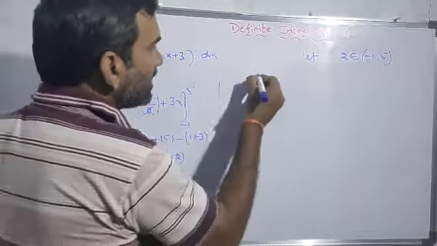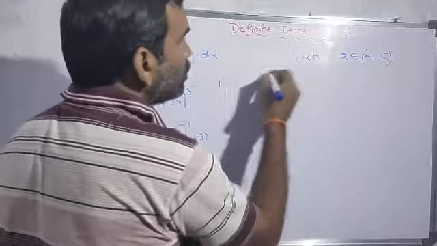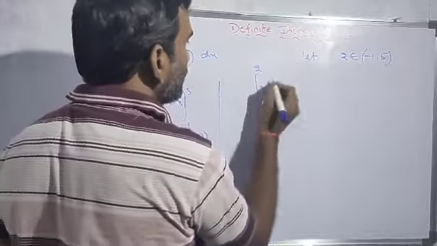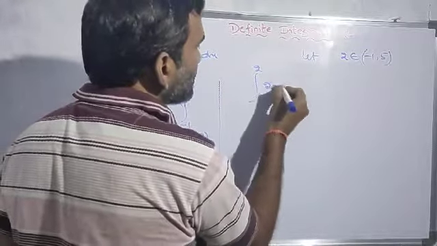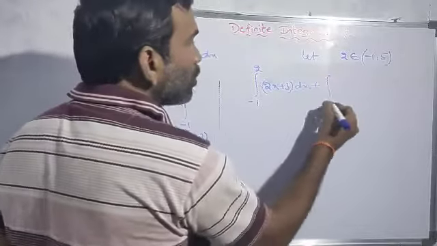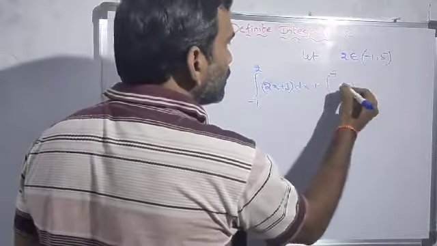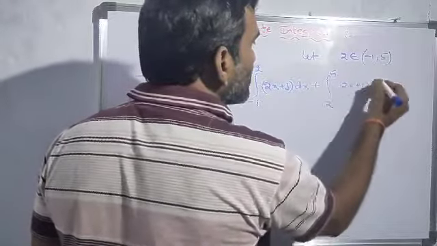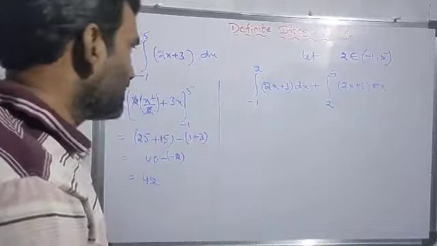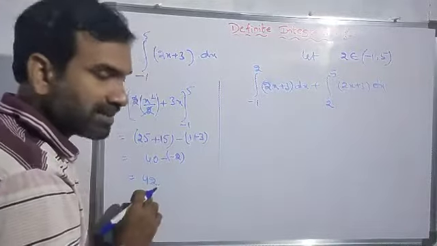Now we take the integration from minus 1 to 2 of f of x dx, where f of x is 2x plus 3, and I am dividing into two parts, plus the integral from 2 to 5 of 2x plus 3 dx. If we take the sum of two integrals, this value should also be 42.